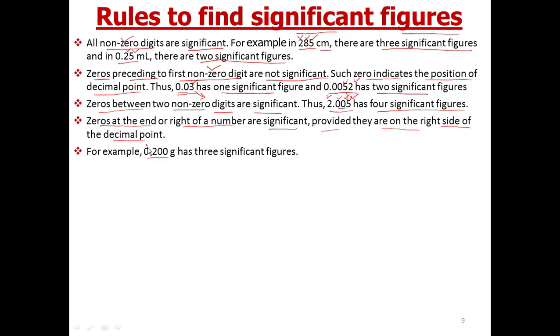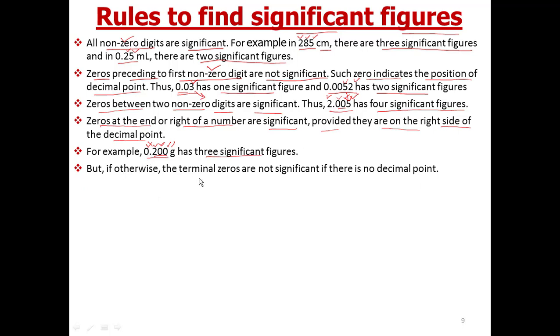The 0 before the decimal point is not significant, but the zeros on the right-hand side of the decimal point are. So it has 3 significant figures.